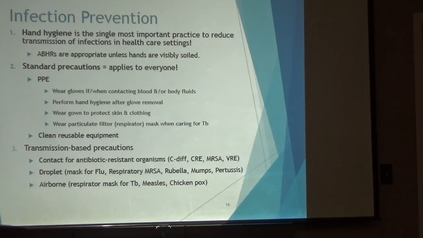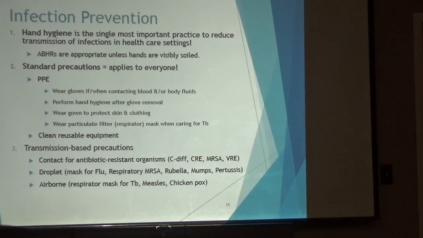So wearing your gloves if and when contacting blood or body fluids, performing hand hygiene before or after glove removal, and then wearing a gown to protect skin and clothing if you're at risk for more splash or exposure like that. And then respirator masks if a patient has TB.